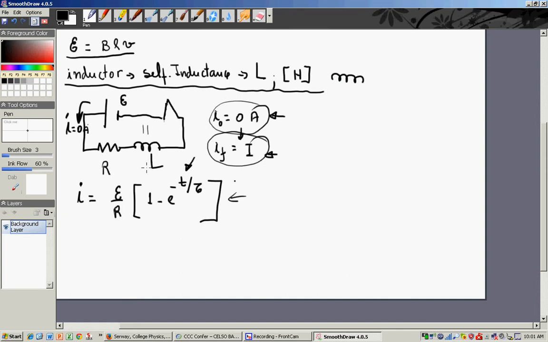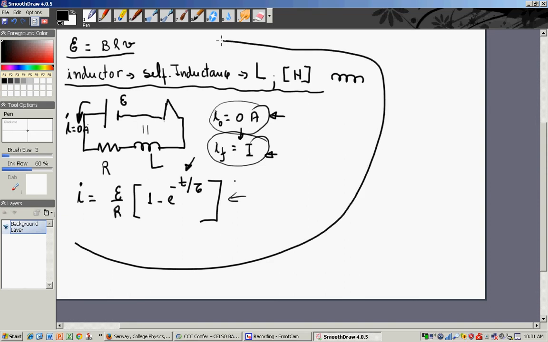By the same token, the current and the voltage on your inductor will make changes accordingly. So I'm not going to be so crazy, although I will do problems in the classroom the week after spring break, but we are going to do several of these exercises in the lab.